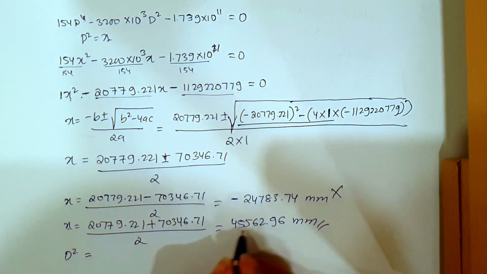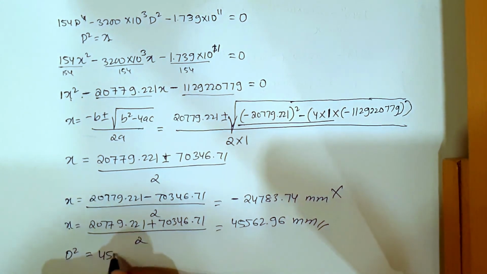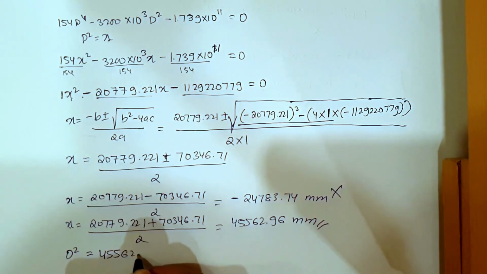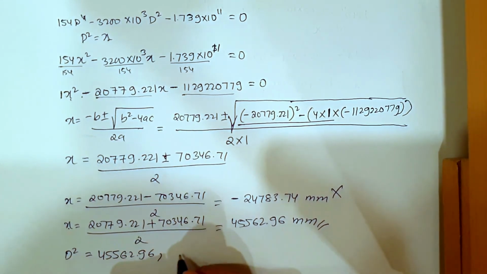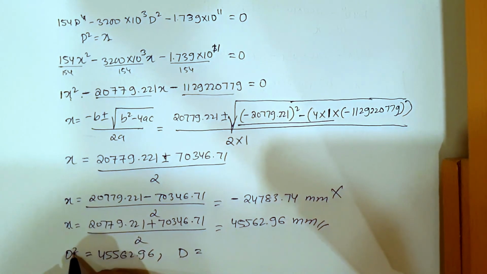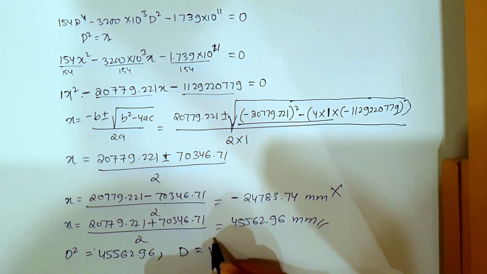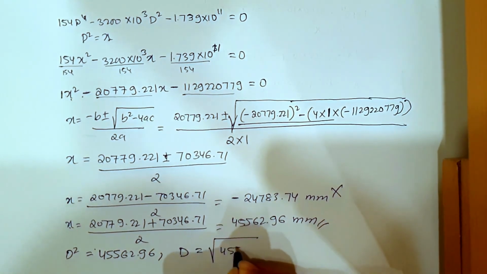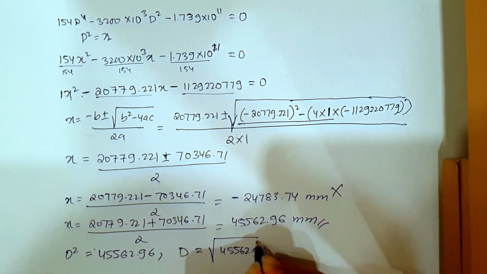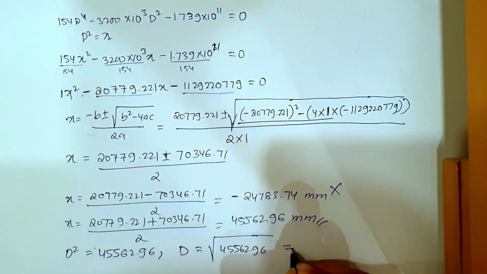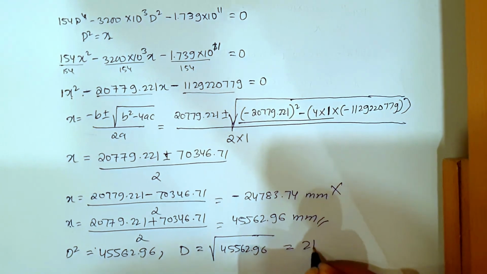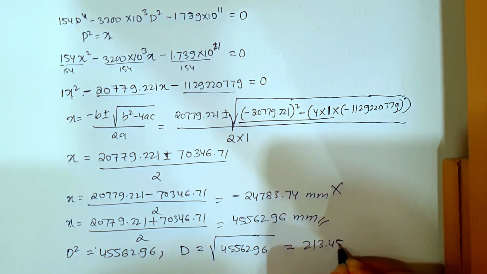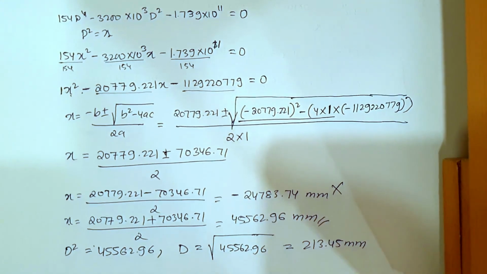d square, so d square will be equal to 45562.96, and from here d will be equal to, if I send this root over here, we'll get root of 45562.96. So from here d will be coming equal to 213.45 mm, right?